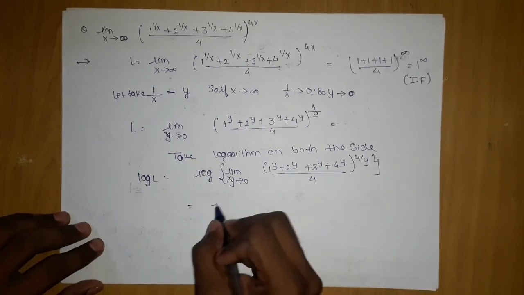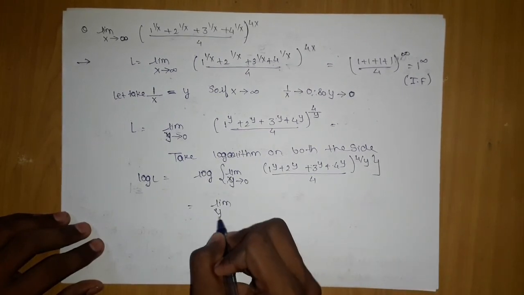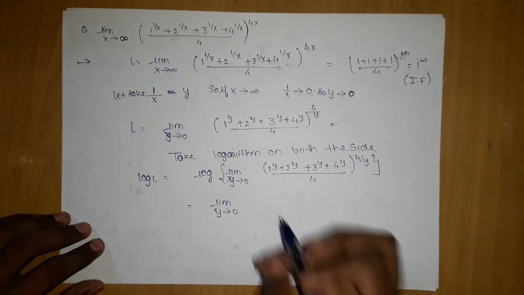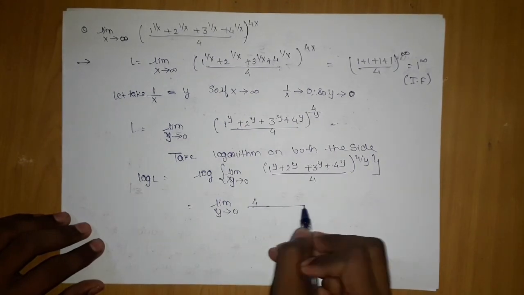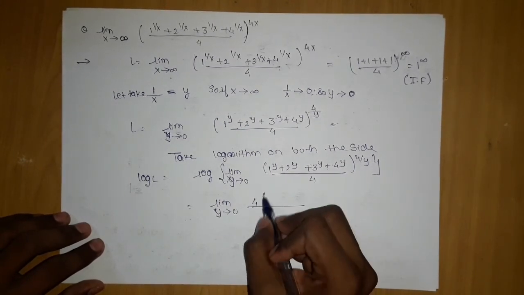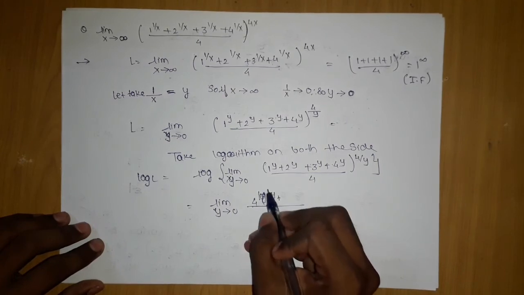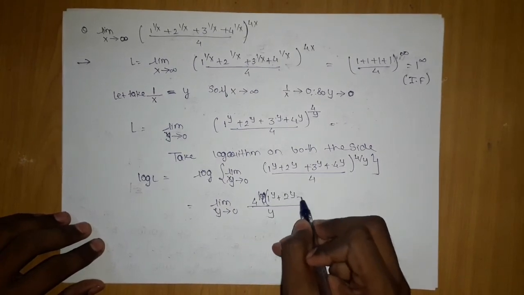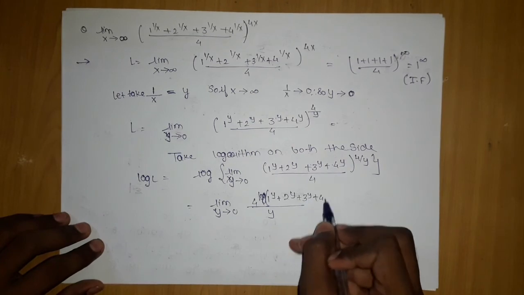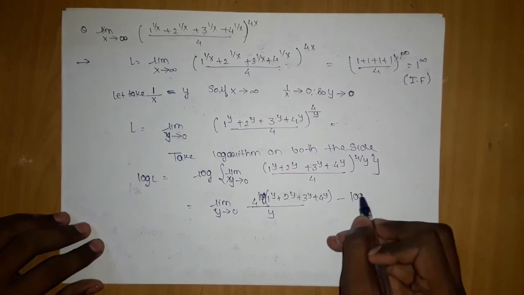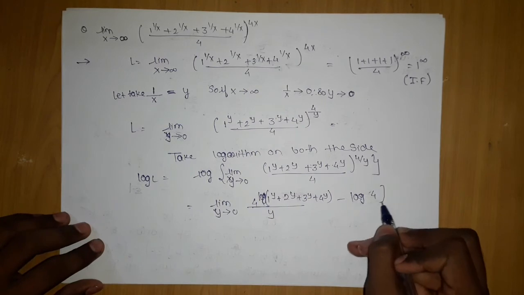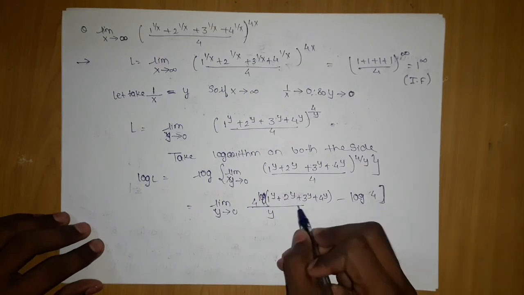After this you will move the log inside, which will give you 4 by y. Y will come here. Here it will be 1 by y log (1 by y, 2 by y, 3 by y, 4 by y) minus log 4, the whole upon y.